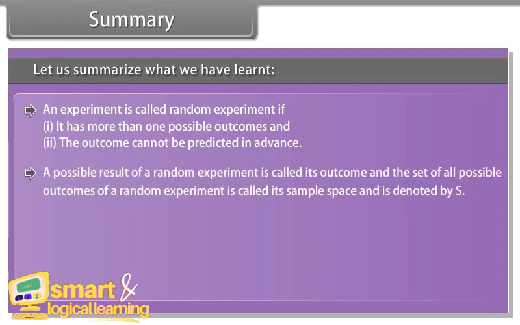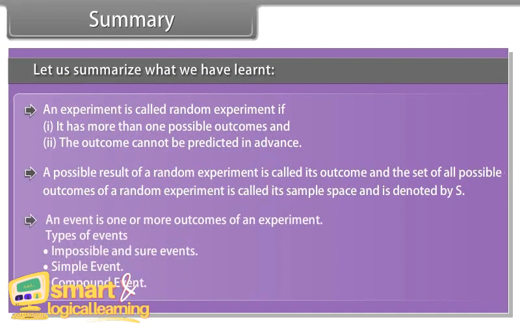A possible result of a random experiment is called its outcome, and the set of all possible outcomes of a random experiment is called its sample space, denoted by S. An event is one or more outcomes of an experiment. Types of events: 1. Impossible and sure events. 2. Simple event. 3. Compound event.